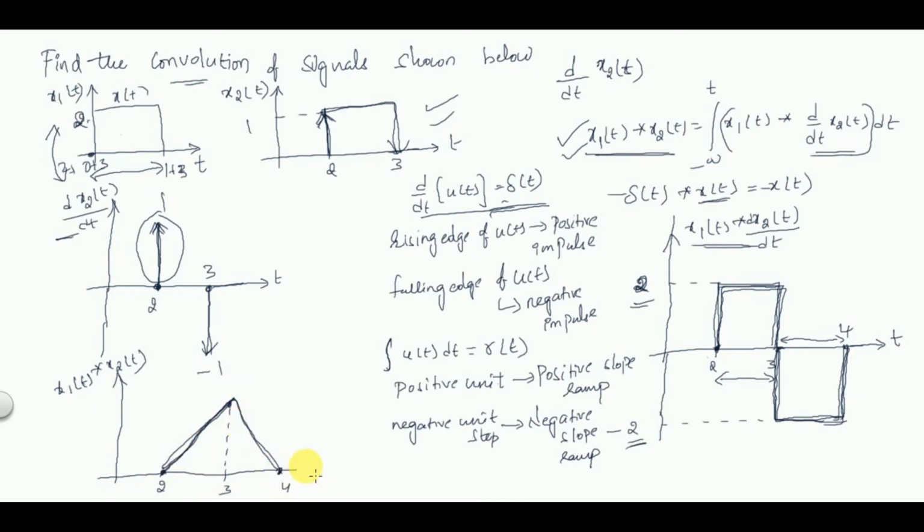Because the slopes are the same, at 4 it becomes 0. So this is the final output of convolution. This is how we can find the convolution between two signals using the method of differentiation.